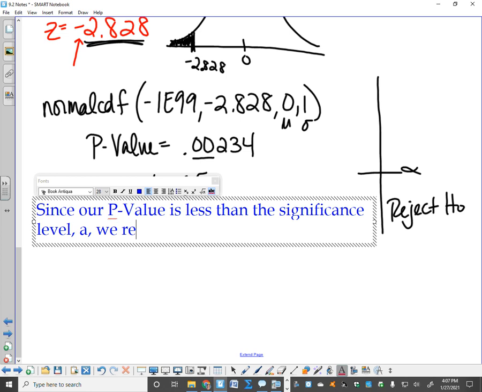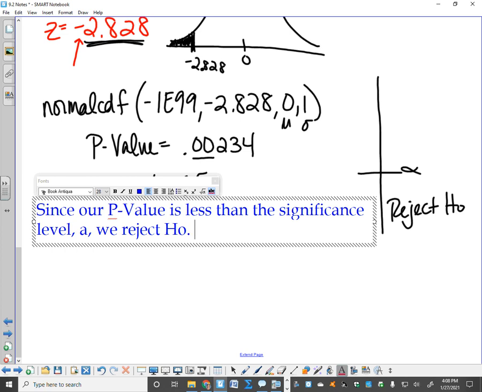We reject H sub O. So your first sentence is, are you going to reject it or are you going to fail to reject it? And it is always your H sub O. So we are going to reject H sub O. But I'm saying why? Like, I'm not just saying I reject H sub O. I'm saying since the p-value is less than the significance level, alpha, we reject H sub O.